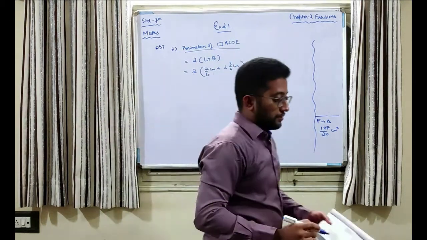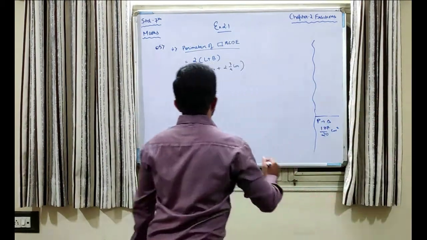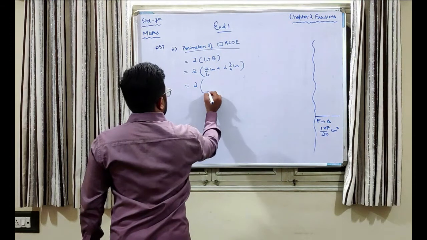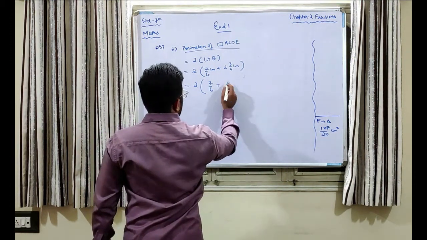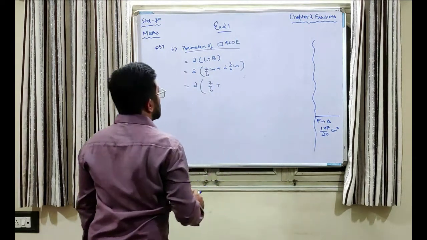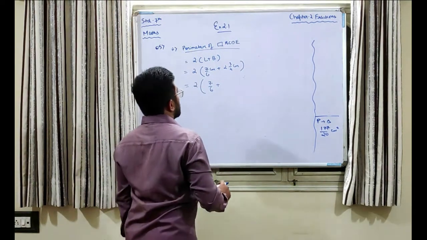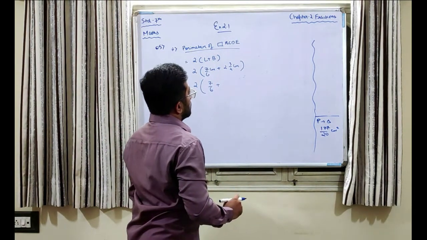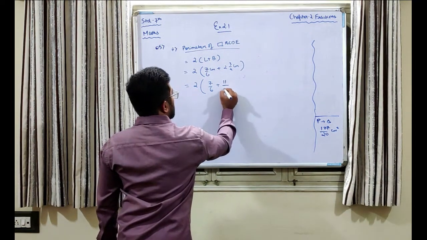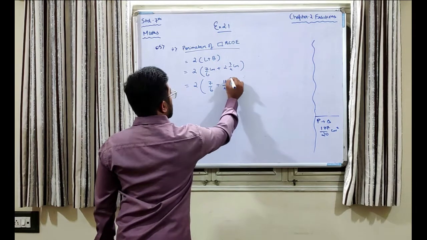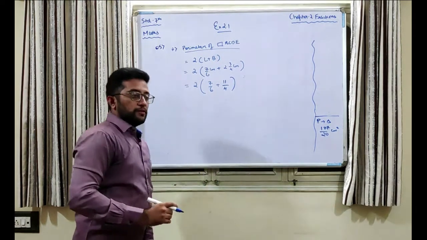So let us convert the mixed fraction into simpler terms first. So 2 4s are 8, 8 plus 3 is 11 by 4. Okay, so this is our answer.